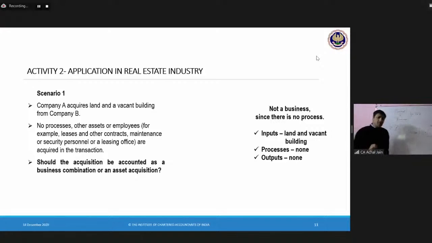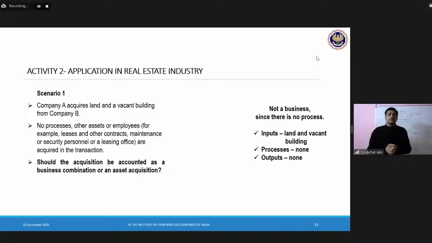Now with this principle of acquisition of a business, another concept is attached that is called acquisition of assets. Okay. And which can be best understood with the help of this example. So let's read this example.